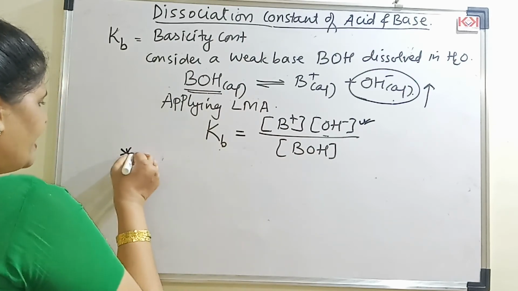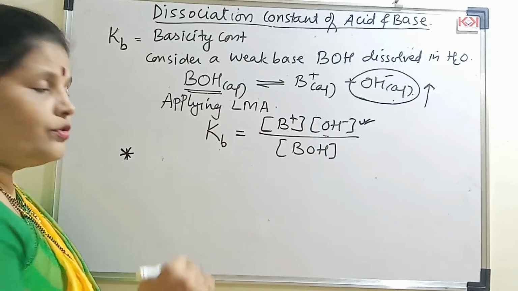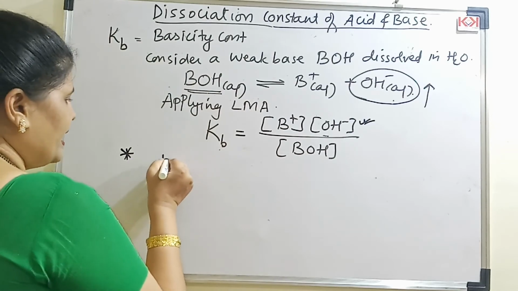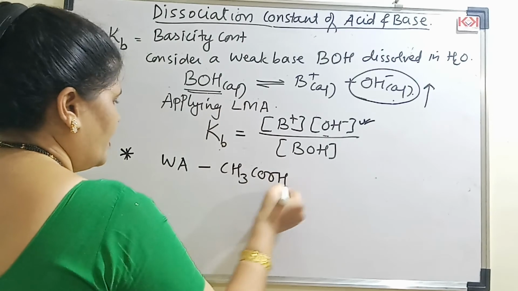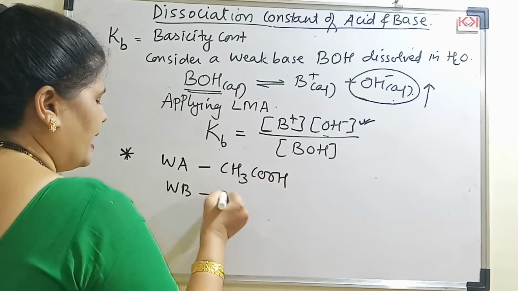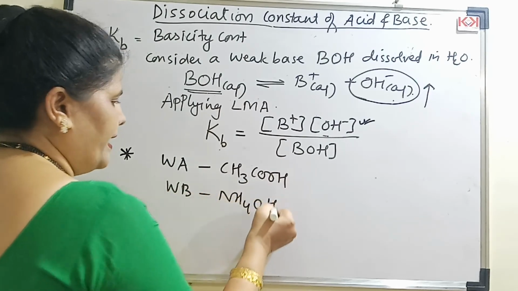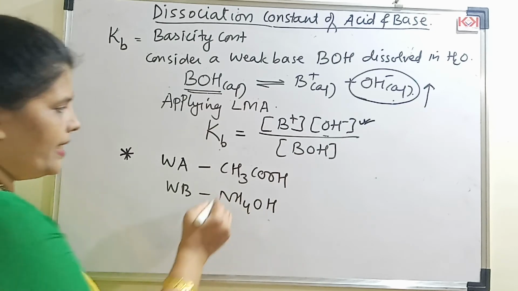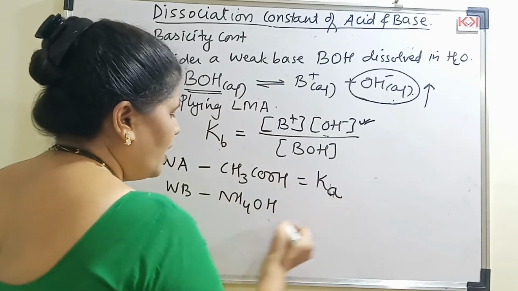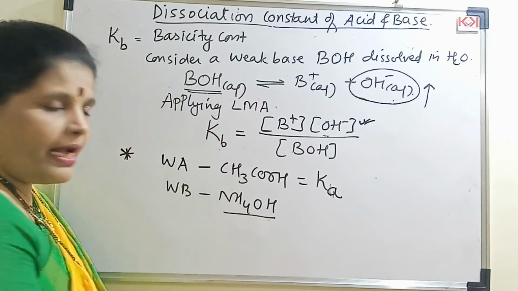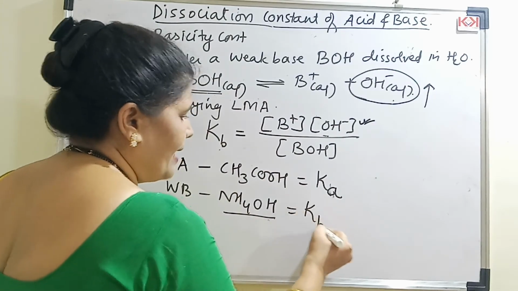Students, it's very important for your MCQs to remember that for a weak acid like acetic acid and a weak base like ammonium hydroxide, when I say weak acid, I am talking about its Ka, and when I talk about ammonium hydroxide, I am talking about its Kb.